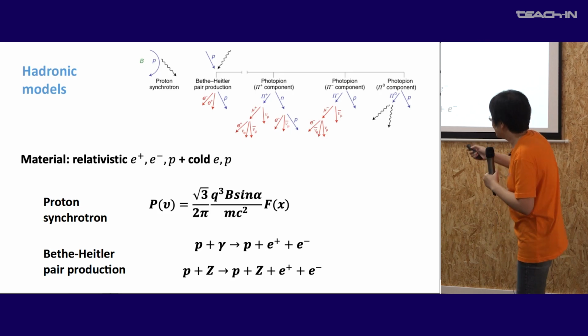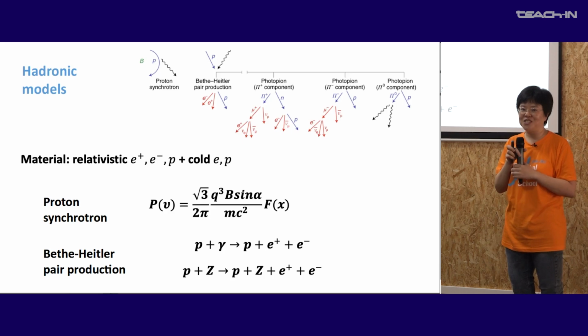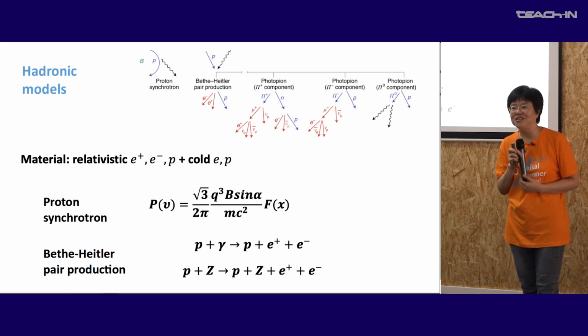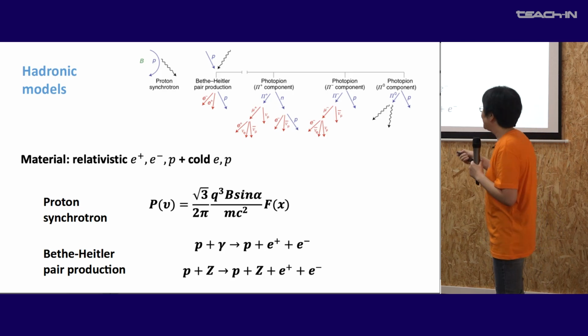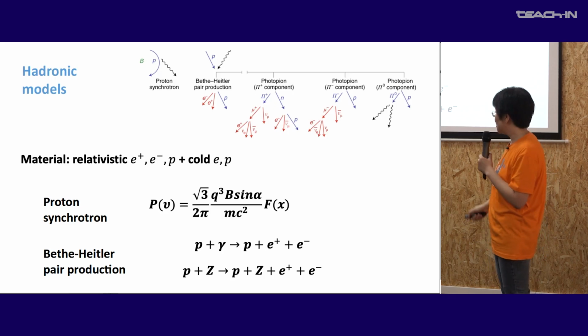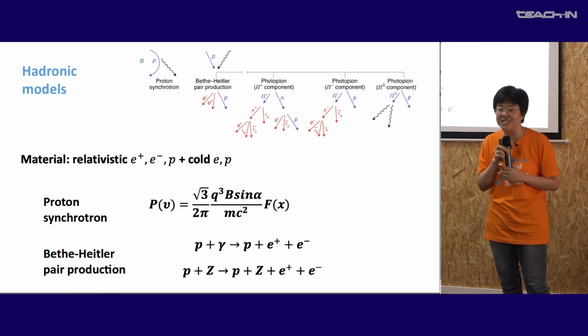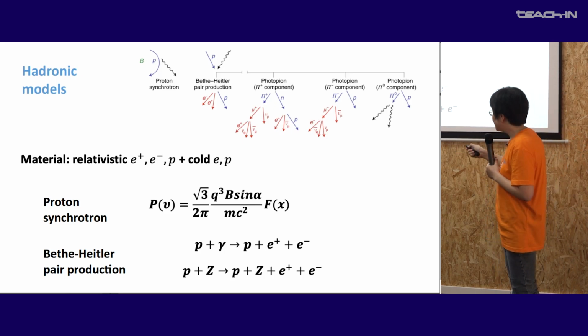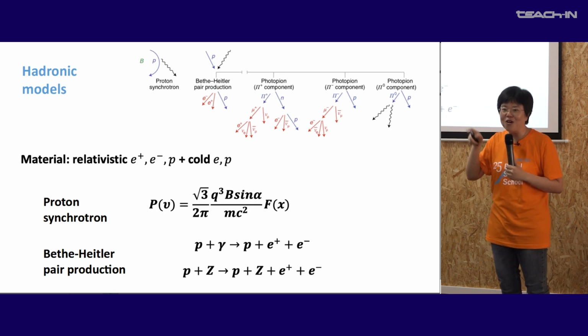Let's go with the hadronic model. Hadronic model means you have more material, like protons and other ions involved. And there are a few main processes, like proton synchrotron. Surely, any charged particle moving in a magnetic field will emit synchrotron radiation. But you can see here, it's proportional to one over mass.